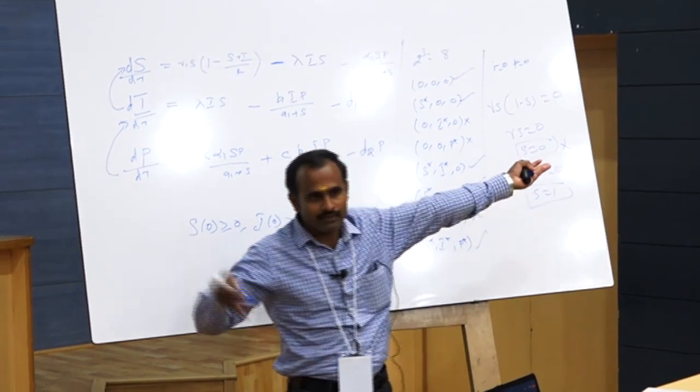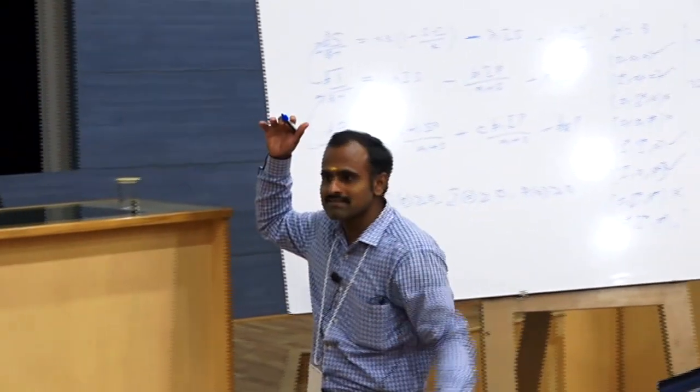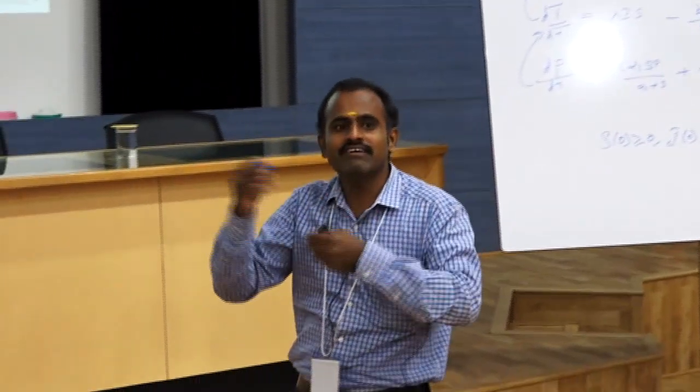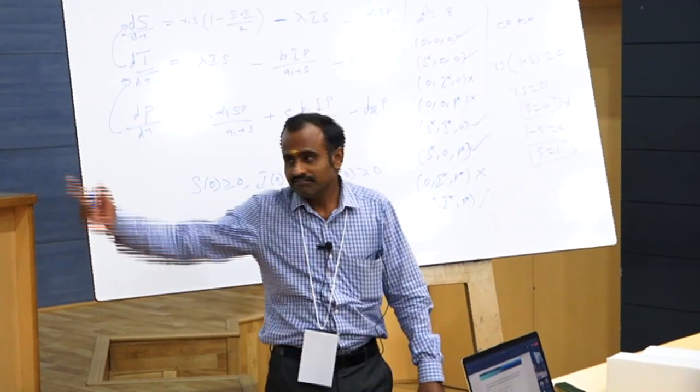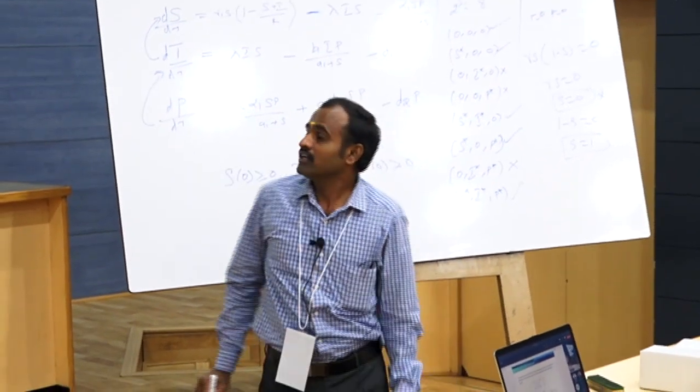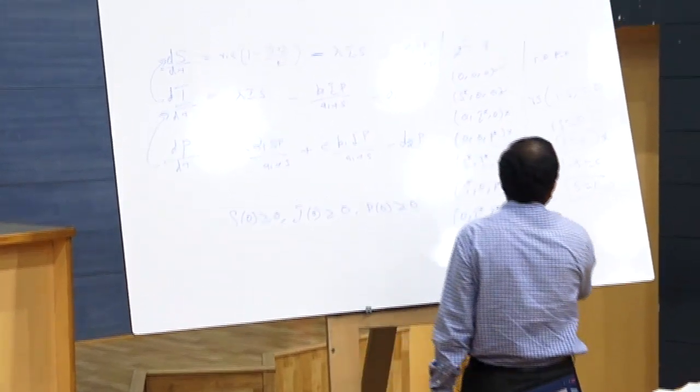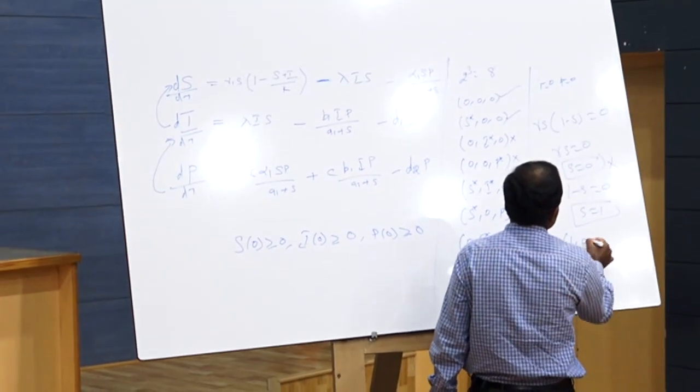Our initial conditions say all the living factors are greater than 0, therefore this does not exist, and we have S equal to 1. So the infected free and predator free equilibrium point is denoted by E1, that is (1, 0, 0).